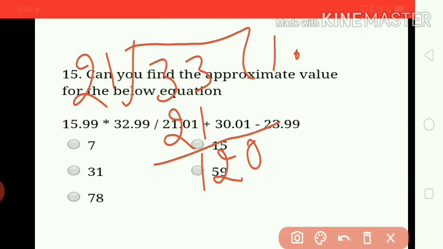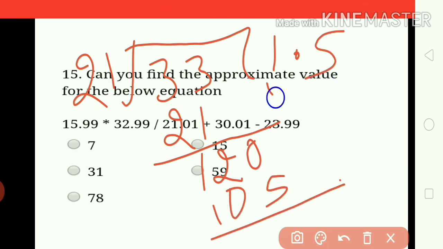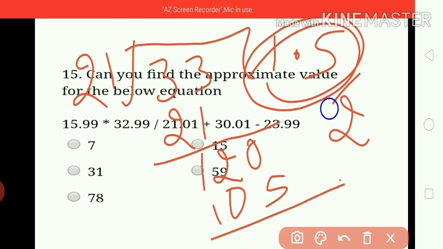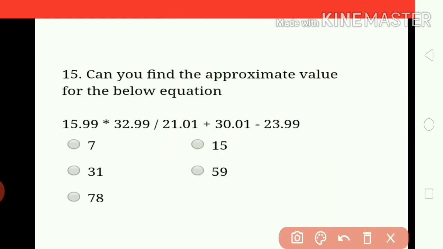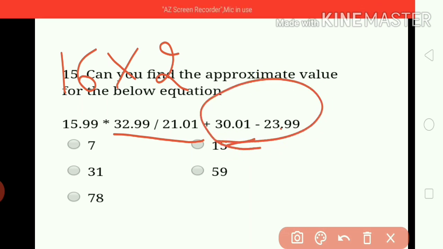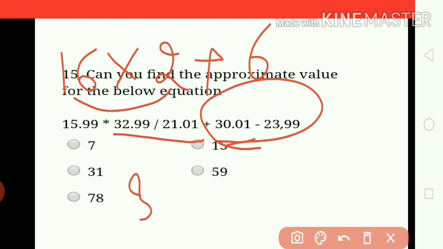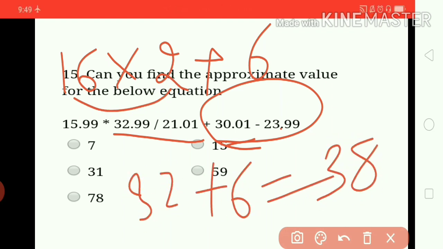It goes 5, and it is 1.5, so you can take 2 as the approximate value. Now let us solve further. 15.99 was 16, we have done, multiplied by this part, which is 2. We solved 6, positive 6, so 16 2s are 32, plus 6 is 38.